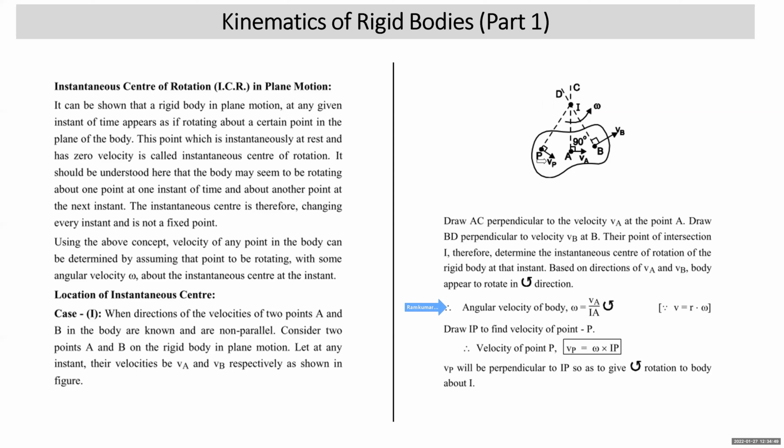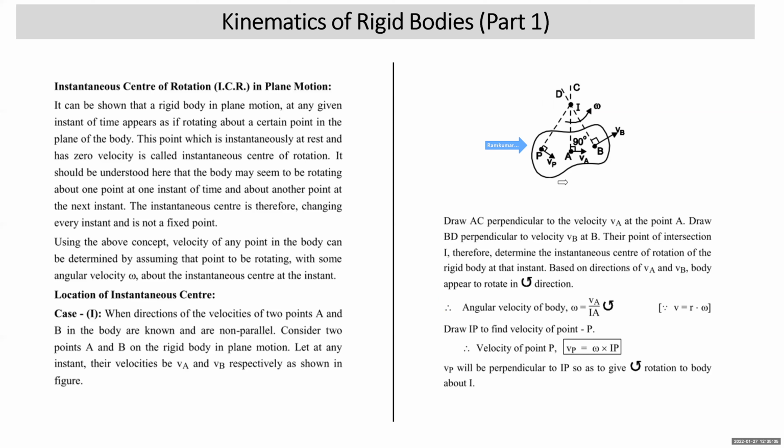All right. Suppose you want the velocity of point P. So point P should be joined with the ICR. Velocity of point P will be perpendicular to PI in such a way that it gives anti-clockwise rotation to the body. So velocity of point P will be omega into PI.